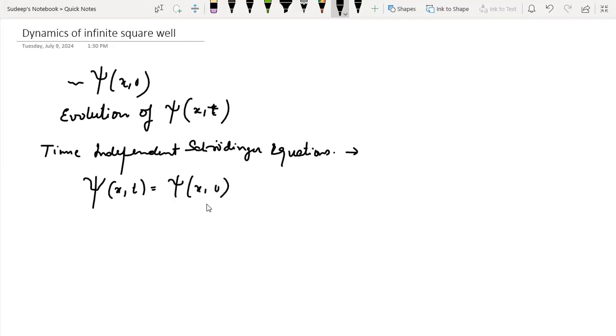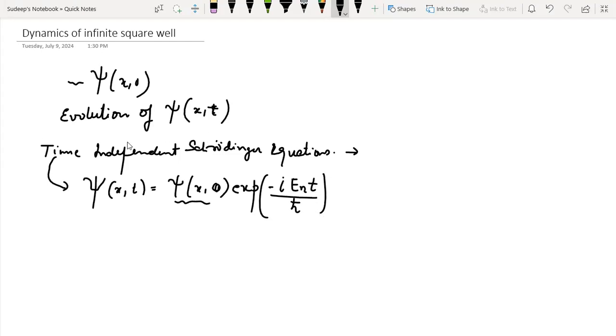That is, if my wave function is known at the initial time t equal to 0, then at any later time my wave function evolves as psi(x, t) equals psi(x, 0) times exponential of minus iota E_n t upon h bar. This is how my wave function evolves with respect to time.